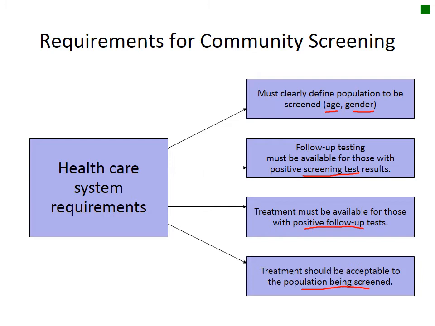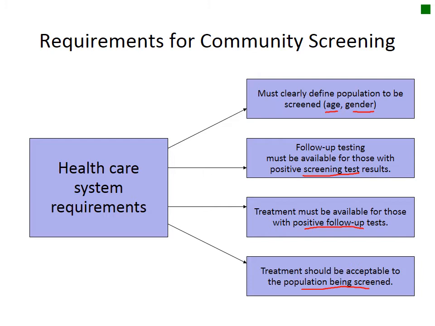Well, what if we also want to understand more broadly the requirements at the healthcare system level? We want to make sure that the screening is defined for a particular demographic population. Is there a certain age? Is there a certain gender for the screening test? And we want to make sure that if the test is positive, we know what the available treatments are.